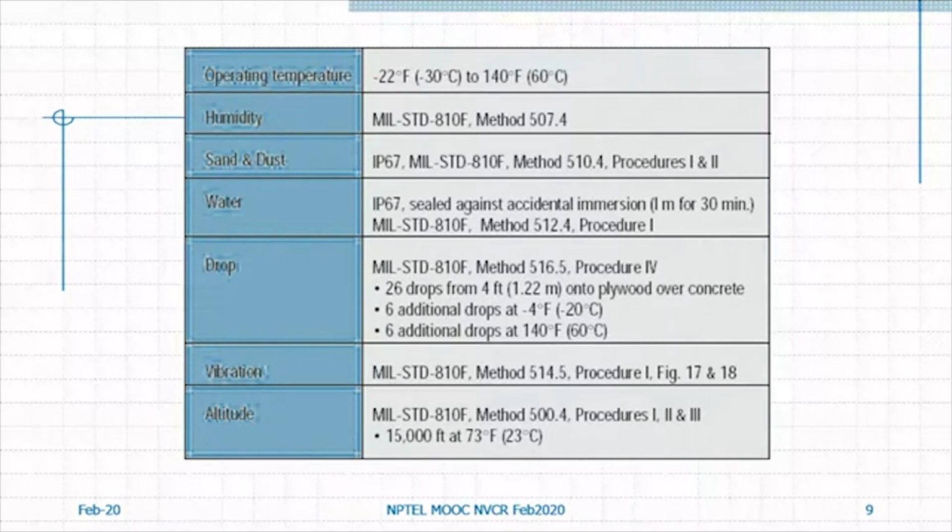Then we have humidity, then sand and dust IP67, then water, then drop test, vibration and altitude test. These once upon a time were only used for professional equipment, but these days even a small mobile, or in my case a hearing aid, or your watch or your fitness tracker, all these things are expected to work in all these conditions.